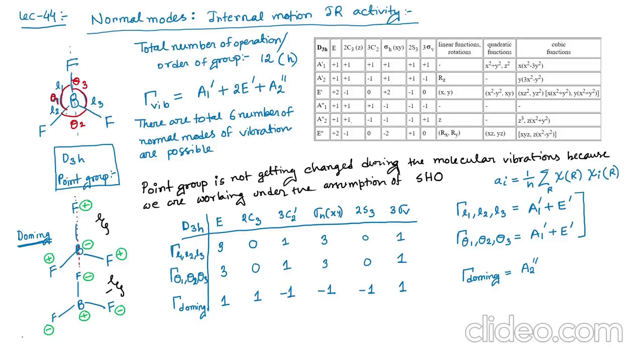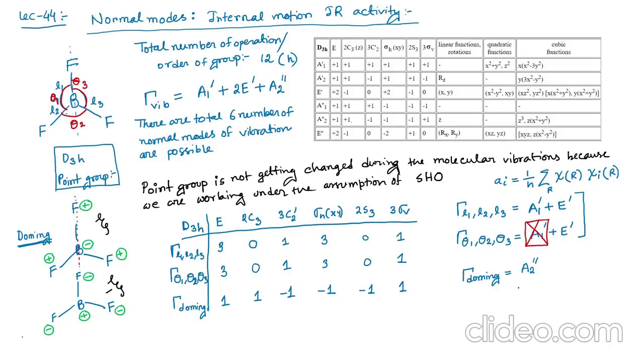It means theta 1, theta 2, theta 3 cannot all increase together. So this is the restriction, that a symmetric bending is not possible. Due to that, this A1 dash we can happily deduct.